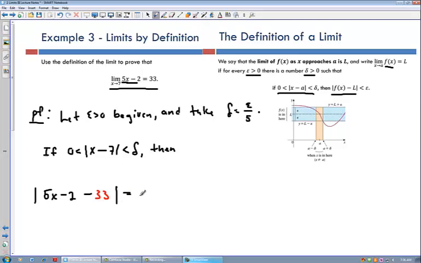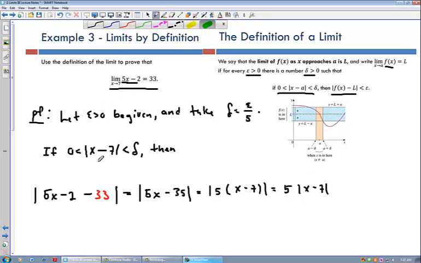And so this is equal to, so combine like terms. So let's combine the constants. So minus 2 minus 33, so that's a minus 35. Oh, and what's nice about that is they have 5s in common, so I'll take out a 5. So x minus 7. And it's absolute value, so I can write this as 5 absolute value of x minus 7. And now I know something about x minus 7.